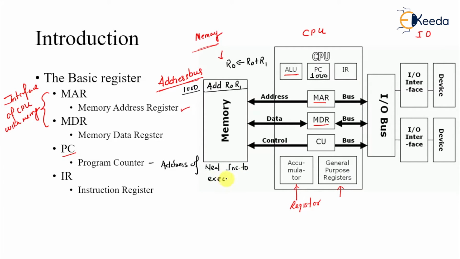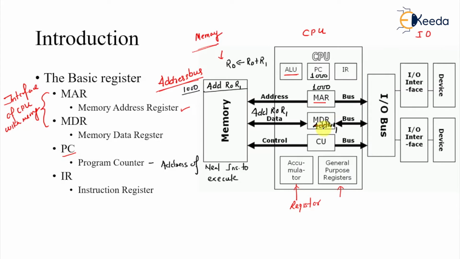Now in terms of events, this address in PC will be loaded in MAR, 1000, and then it will be sent to the memory. In memory it will read the location 1000, which is add R0 and R1. This add R0 R1 will be read, its bit equivalent will be put into the MDR.